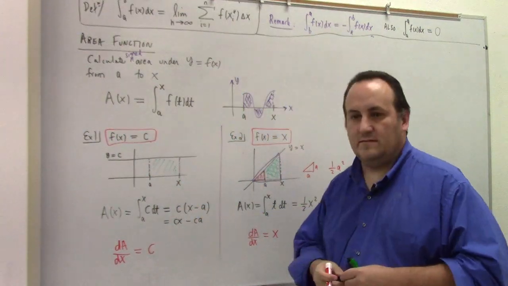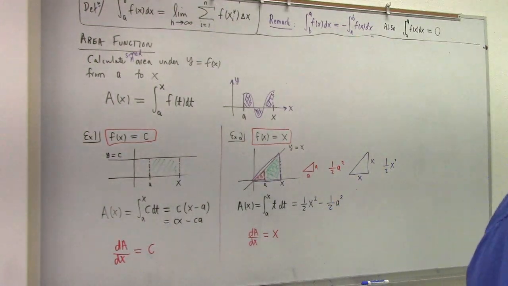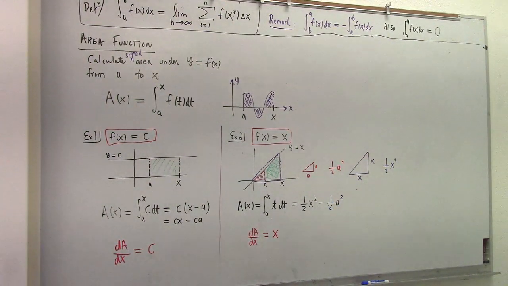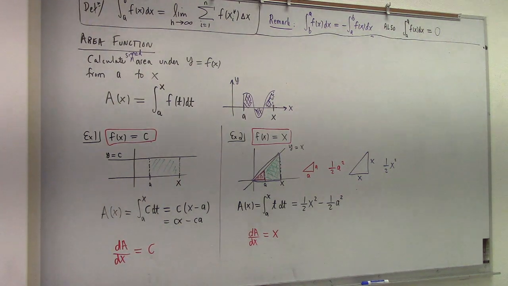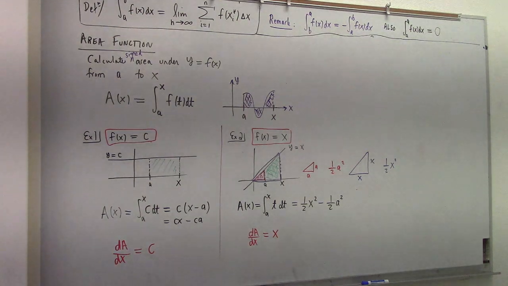What does this mean? For both of these examples, what can we say about the area function? The area function is a function that when you differentiate it, it gives you back the function you're finding the area under. Let me put it into words.